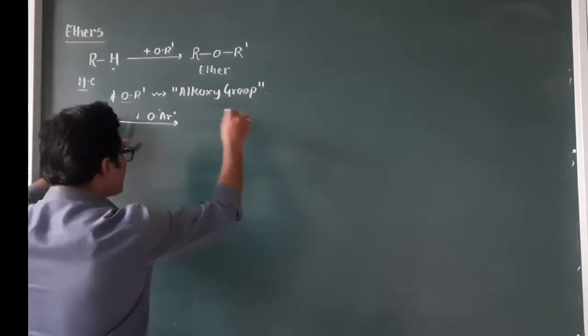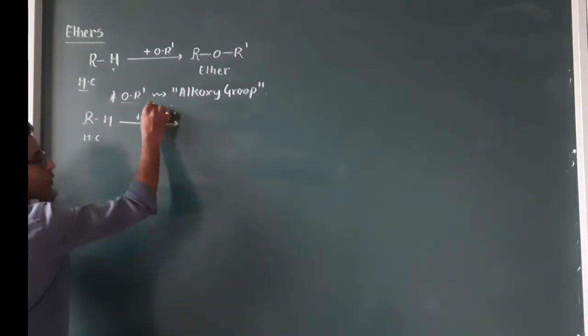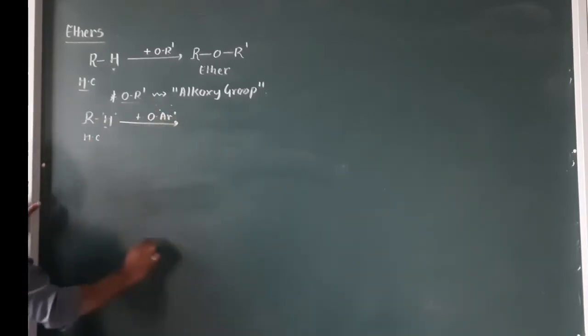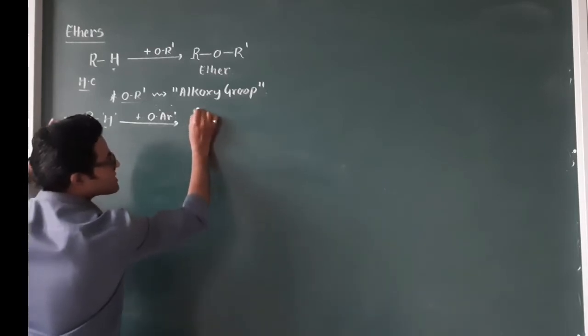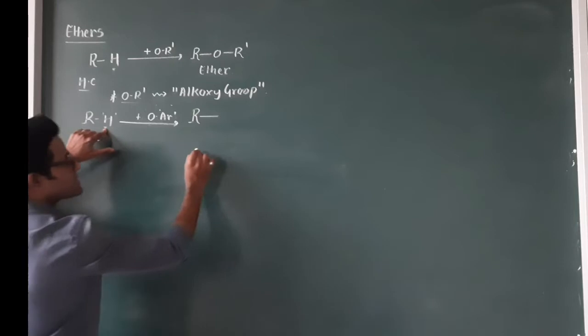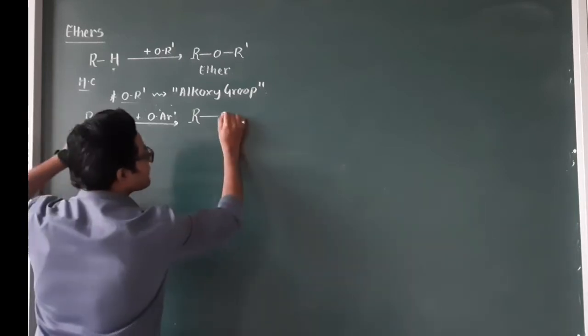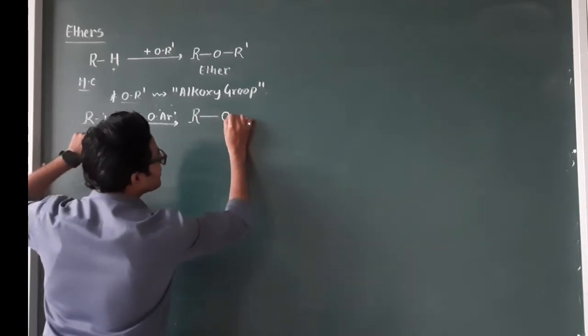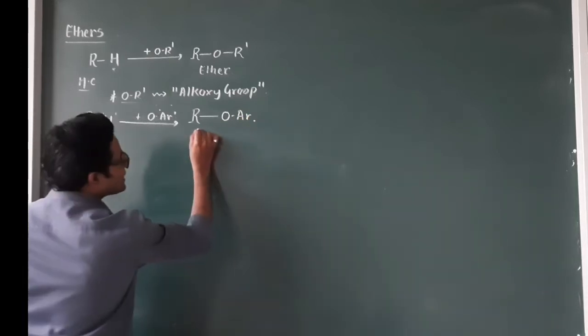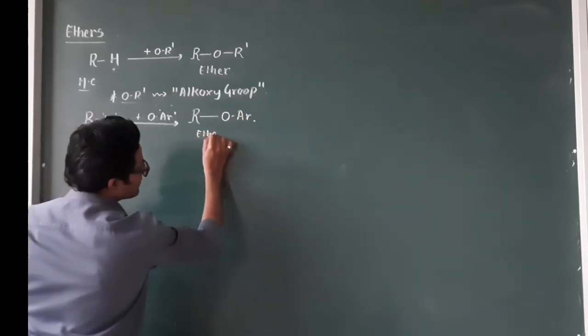The aryloxy group is going to come and substitute this hydrogen. The moment it substitutes the hydrogen, we get ROAr. So another ether is formed.